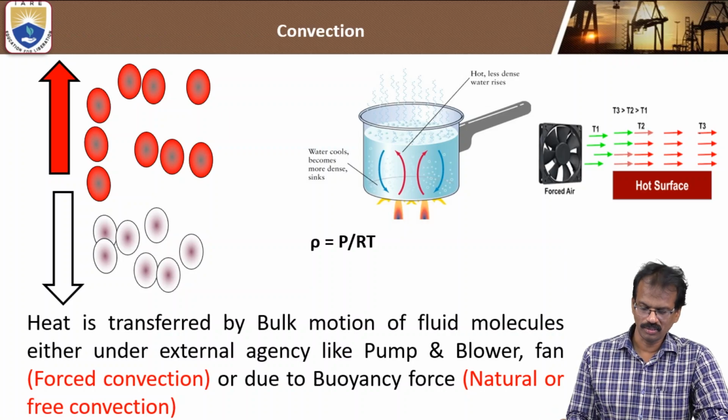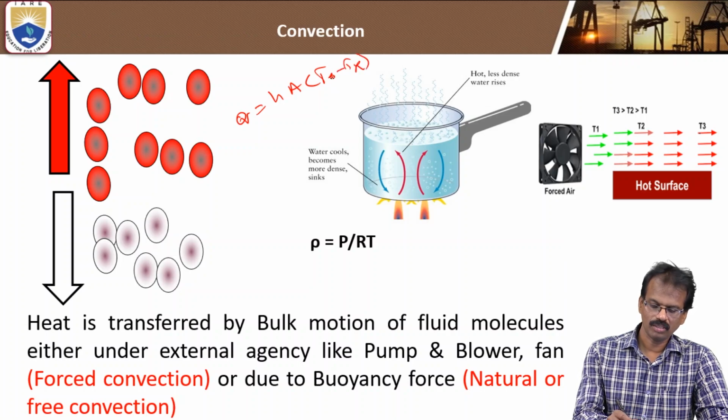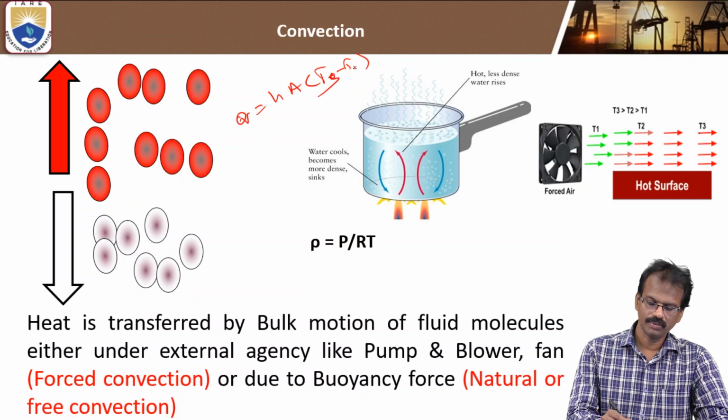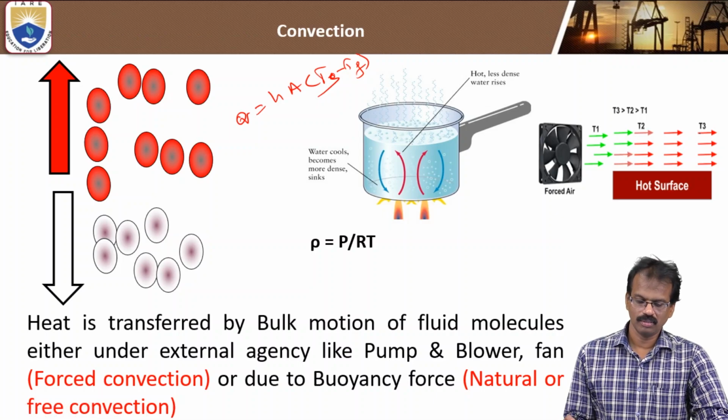We already discussed it in the previous class also. According to Newton's cooling law, Q is equal to hA into the temperature difference, T naught minus T infinity, or Ts minus Tf: solid temperature minus fluid temperature.